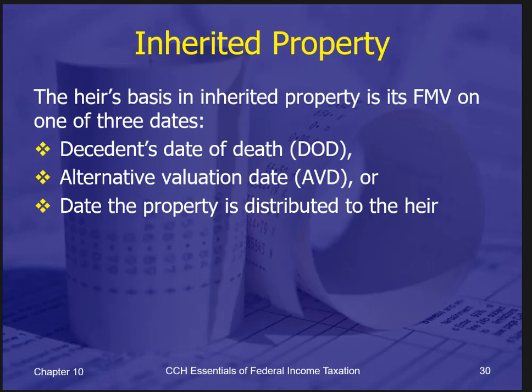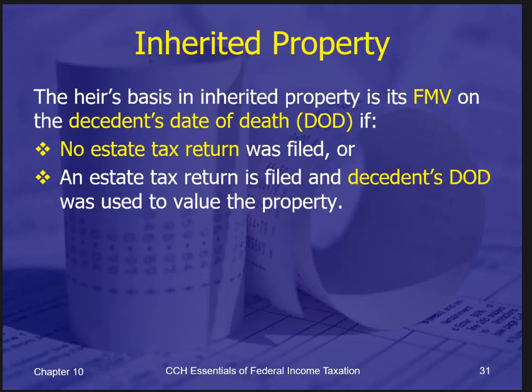Fair value could be one of three things. It can be either the fair market value on the date of death, the alternative valuation date, or the date it's distributed. All right? So if you don't file an estate tax return, and most people do not, so this is going to be your default, then it is the fair value on the date of death.